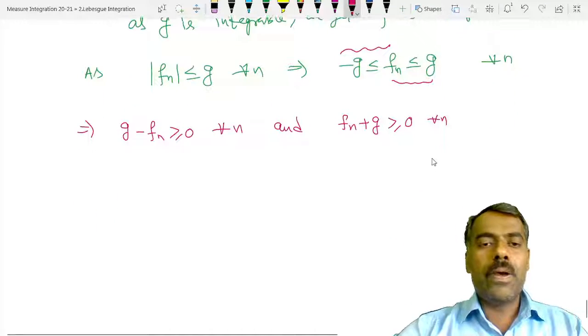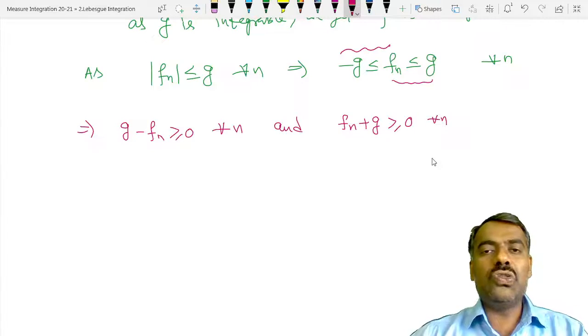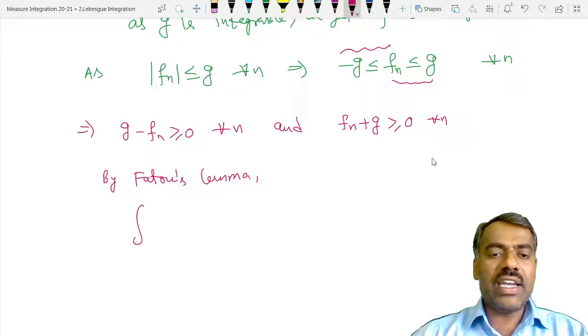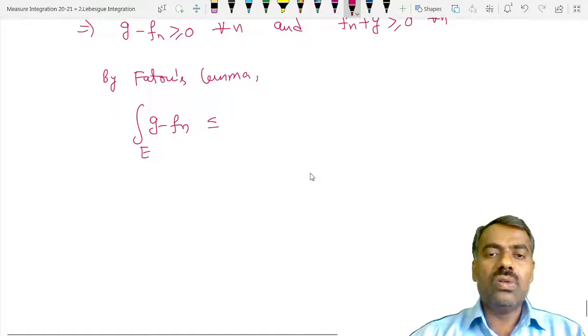Yes or no? So this is a sequence g minus f1, g minus f2, g minus f3 and so on. So by Fatou's lemma, what do we get? The integral of g minus fn over E is less than or equal to the lower limit.